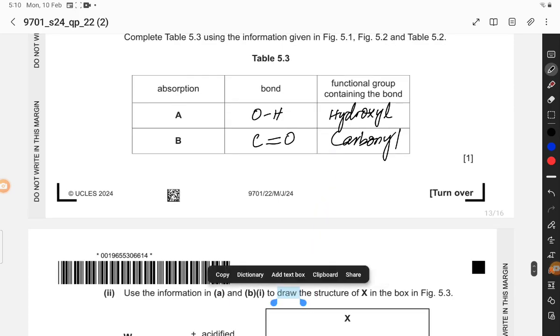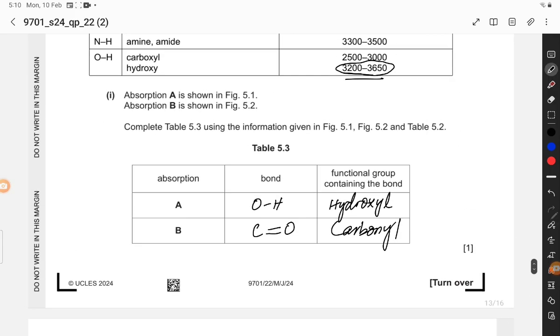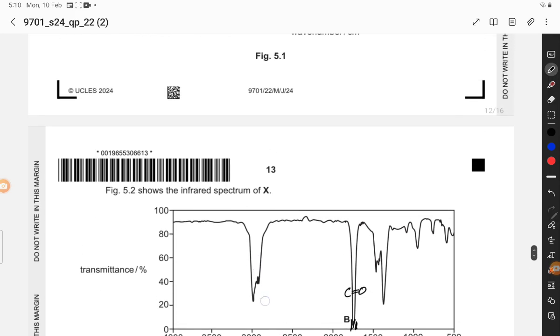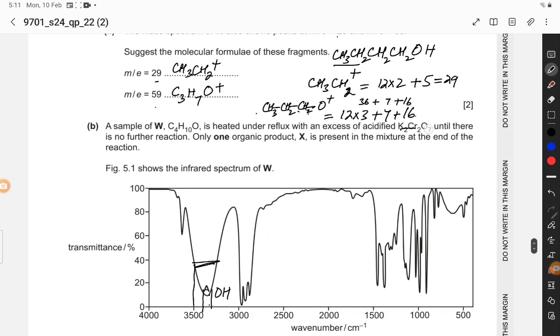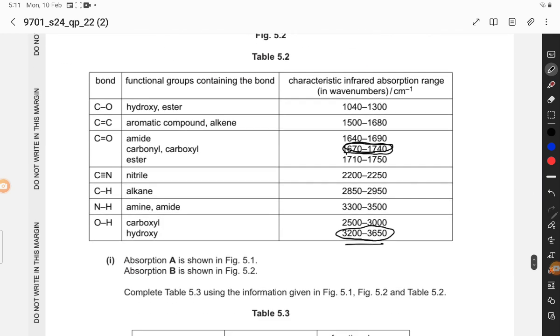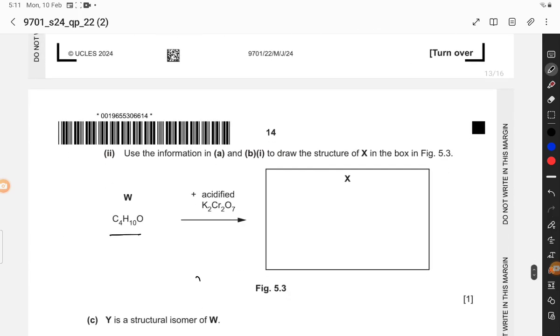Carbonyl and hydroxyl groups are present, so it is a secondary alcohol, and a secondary alcohol when reacted with acidified potassium dichromate changes into a ketone. So X would be the ketone, CH3CH2C double bond O and CH3.